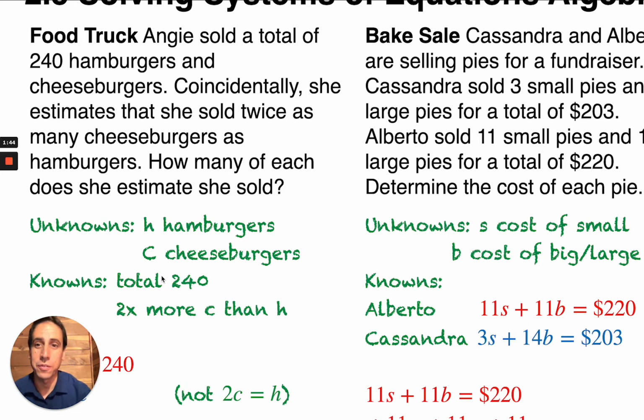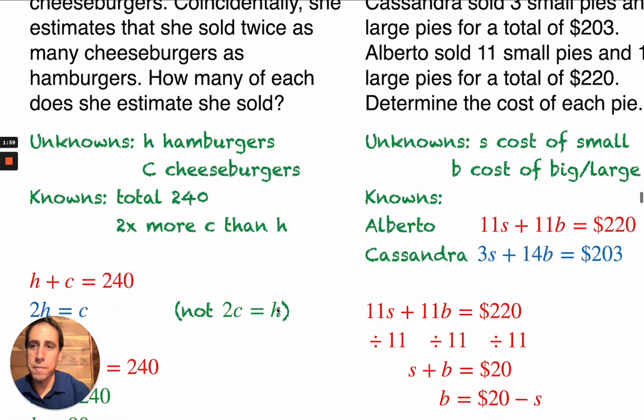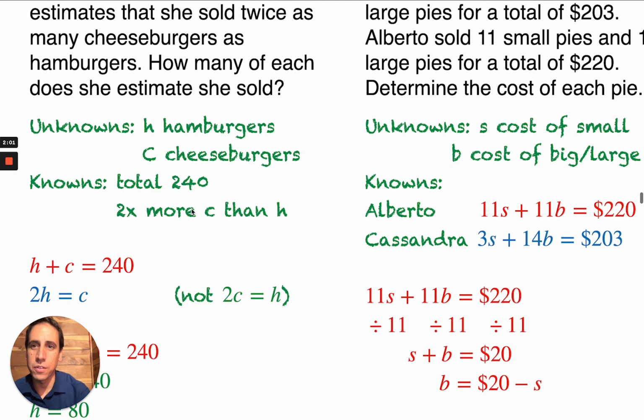The total is 240 sandwiches total, and then the second thing that we know is that there's twice as many cheeseburgers as hamburgers. If you wanted to, you can take these two knowns in collaboration with the unknowns and say that H plus C is equal to 240. That's the total equation, and then 2H is also equal to C.